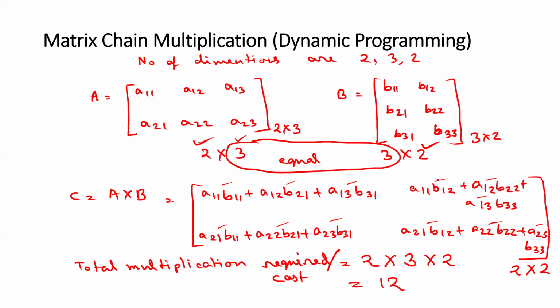So the total number of dimensions is 3, and the total number of matrices used is 2. So for 2 matrices, the number of dimensions is 3. Always the number of dimensions is 1 more than the number of matrices.